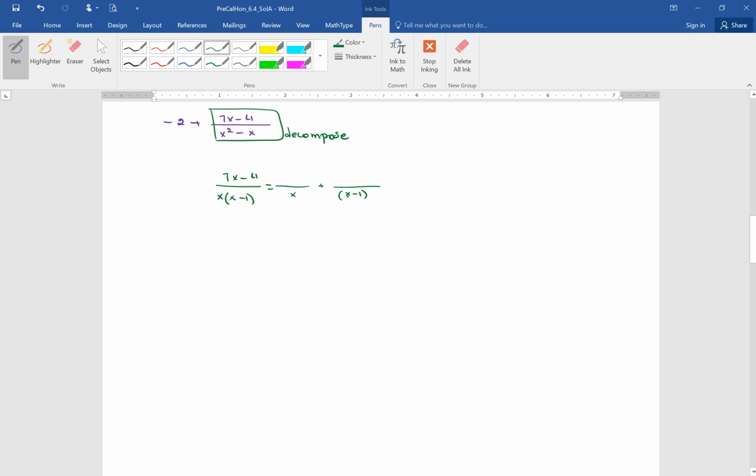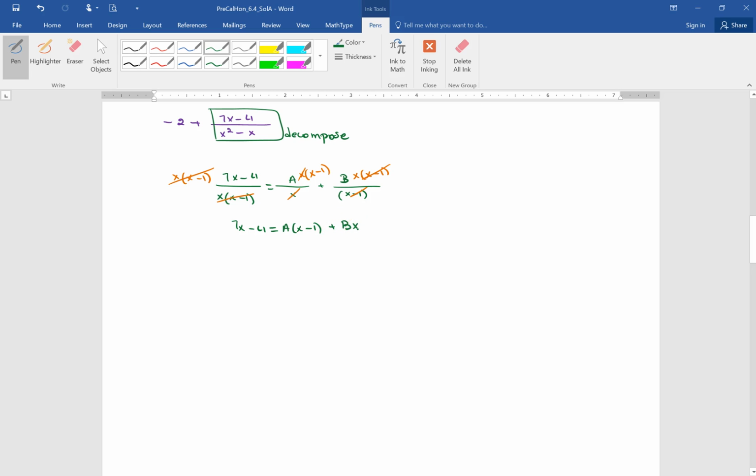Now, the numerators will be A and B. Okay? And I multiply everything here by the common denominator. The x minus 1's cancel, x's cancel, and everything cancels there. So what do we have left? 7x minus 4 is equal to A times x minus 1 plus B times x.